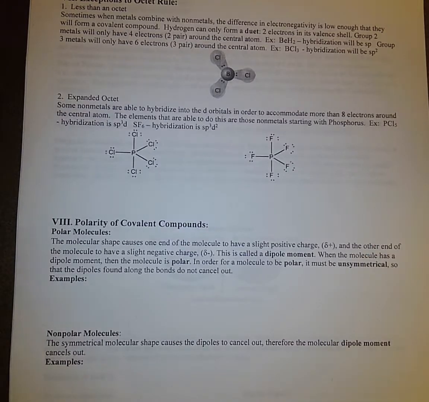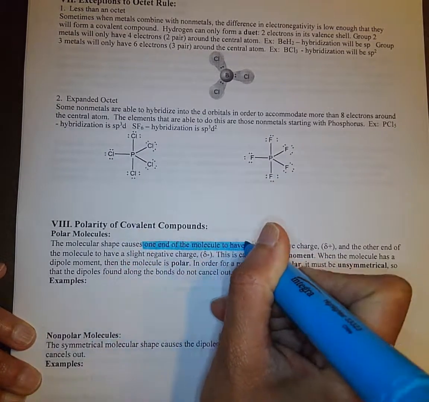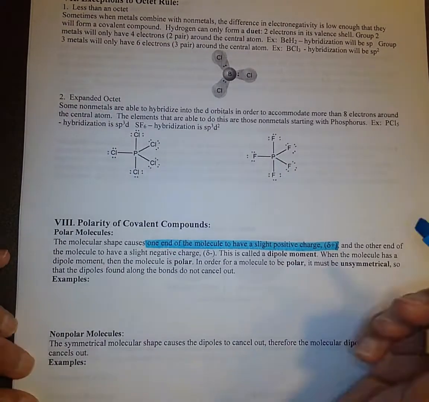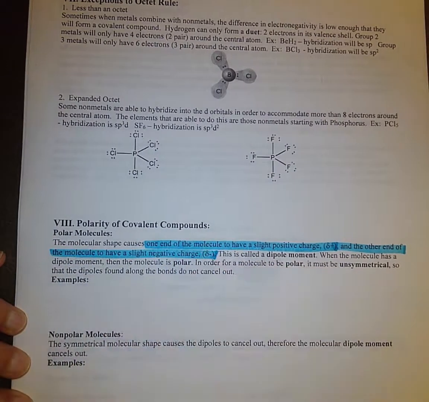Okay, so let's talk about what polar molecules are. The molecular shape causes one end of the molecule to have a slightly positive charge, and the other end of the molecule to have a slightly negative charge.